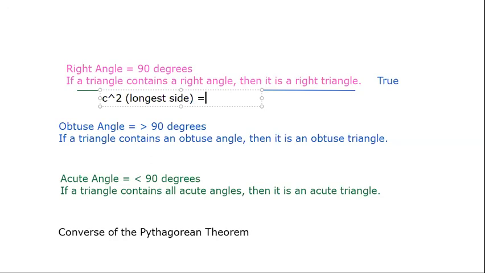Only in a right triangle is it the hypotenuse. And in a right triangle, it equals A squared plus B squared.